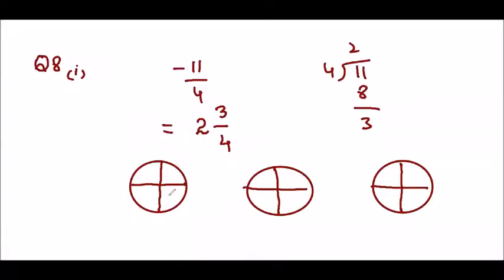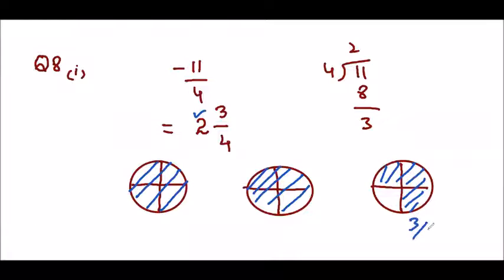For example, you think that these are 3 pizzas, and this is the whole pizza. This is also whole pizza. We need 2 whole pizzas and 3 parts of the third one. It means 3 out of 4.